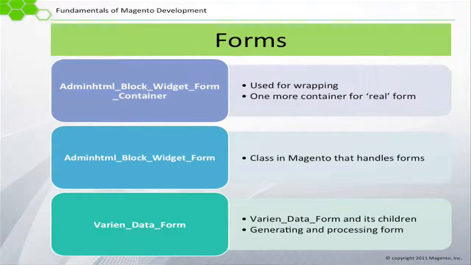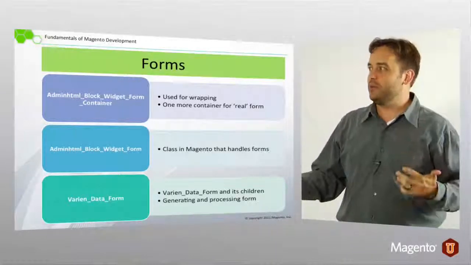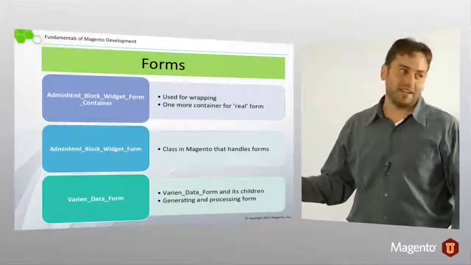So again, we have this basic concept of containers containing blocks. At the outermost we have Adminhtml block widget form container. This one wraps around the form class. That form class will be an extension of Adminhtml block widget form, because that's the class in Magento that handles forms.